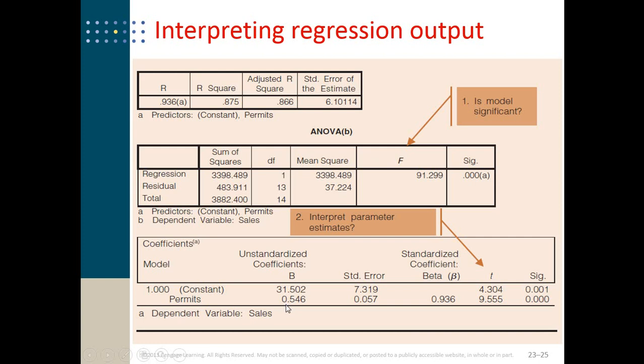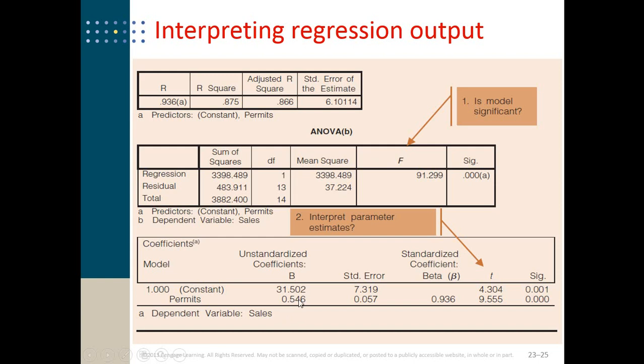Another interpretation is that the coefficient is 0.546. It indicates that 1 unit change in the number of building permits will change dealer sales volume by 0.546 unit. That means this coefficient indicates that for a given change in the independent variable, how much the dependent variable will change.